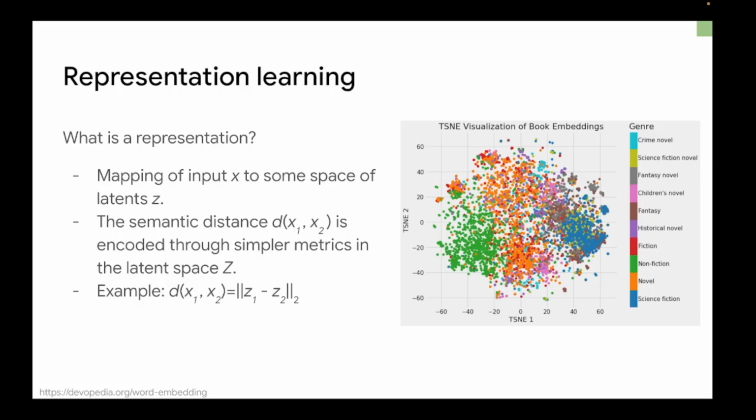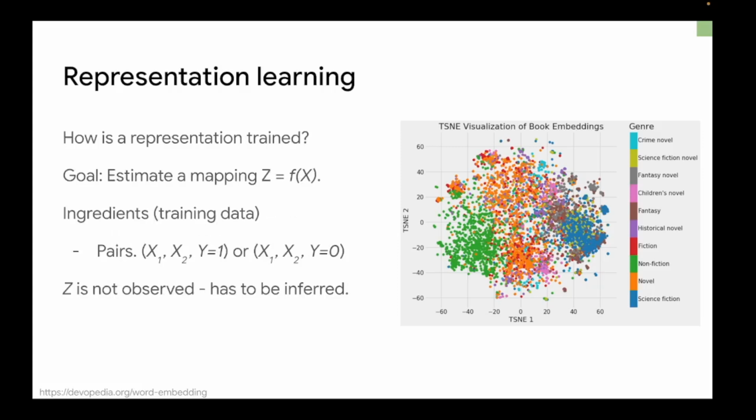How you train it is basically using these pairs. There are different versions of training a representation, but this is the most popular one, right? So your goal is to estimate a mapping to Z from X, where Z is a latent variable, right?